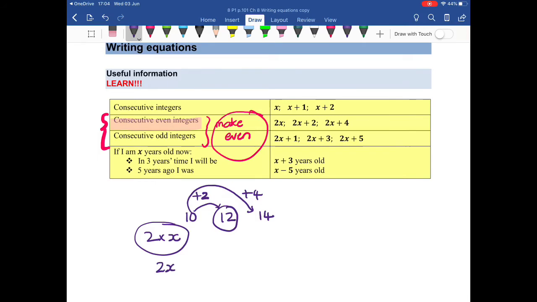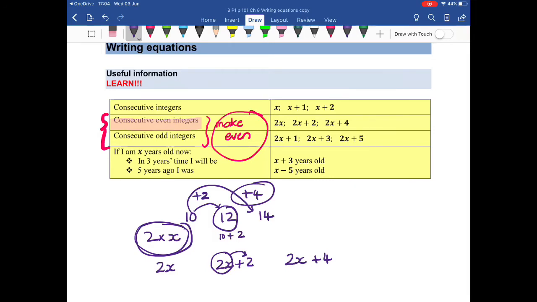12 can be written as 10 plus 2. Now remember, 10 we wrote like that, so I'm going to have 2x plus 2. So it's my even number plus 2. To get to 14, I added 4. So it's my beginning number, my even number, plus 4.